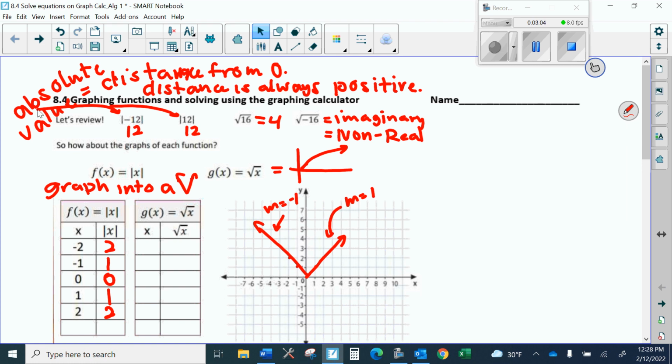Okay. Since we just got done talking about piecewise functions, we could actually graph those by pieces, saying our equation, if I was to do that, our equation would be negative x for x less than or equal to 0, and be positive x for x greater than 0, or you could say greater than or equal to 0.